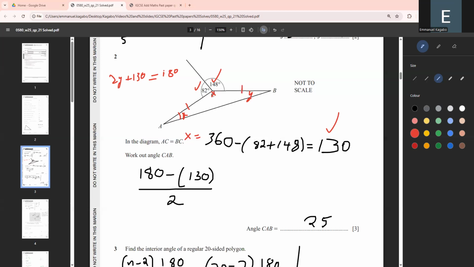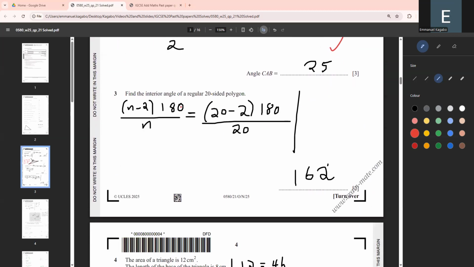Angles in a triangle add up to 180 degrees. So 2y equals 180 minus 130, therefore y will be equal to 50 divided by 2. Because I was doing it very fast, just 180 minus 130, then divide by 2 because you have 2y.